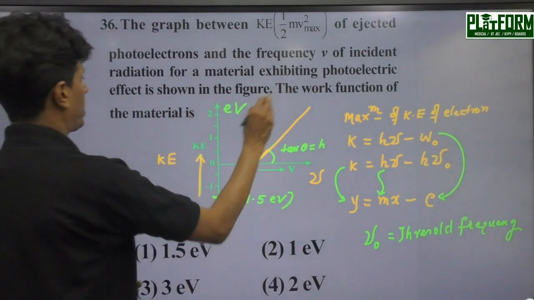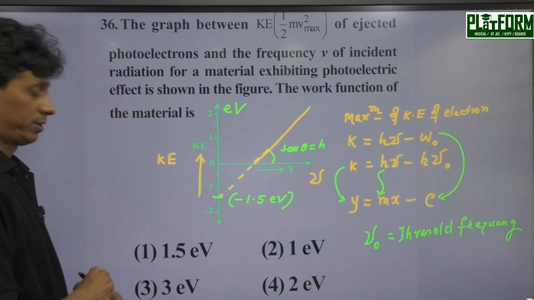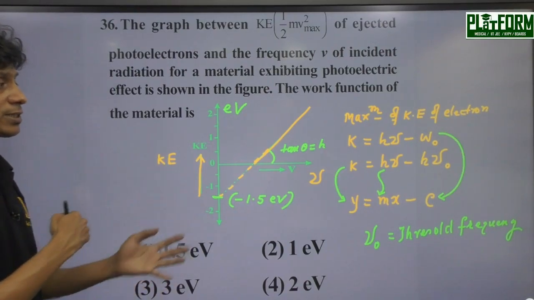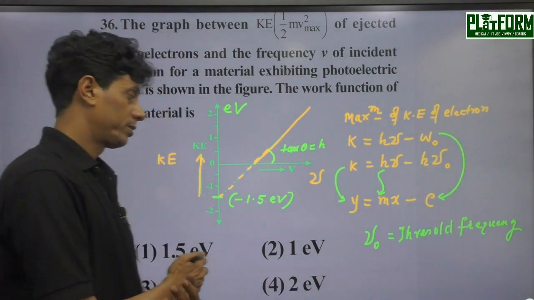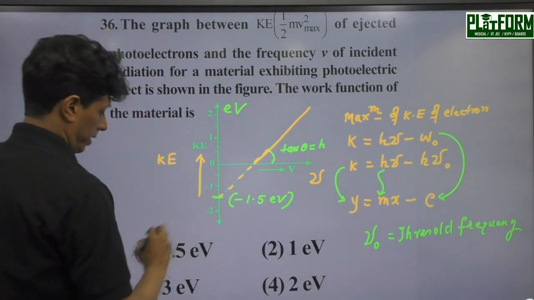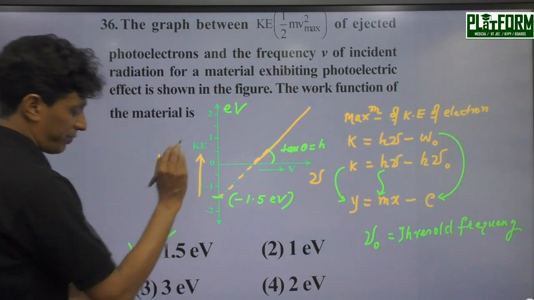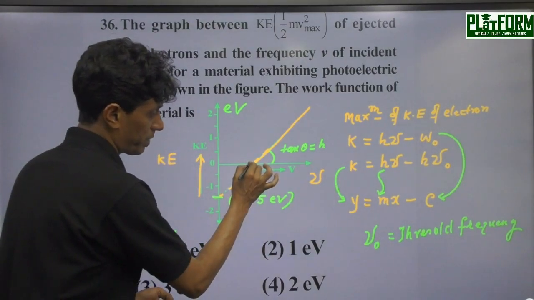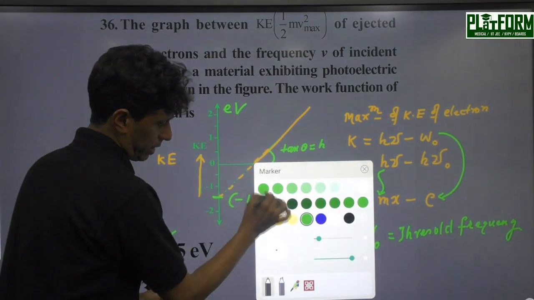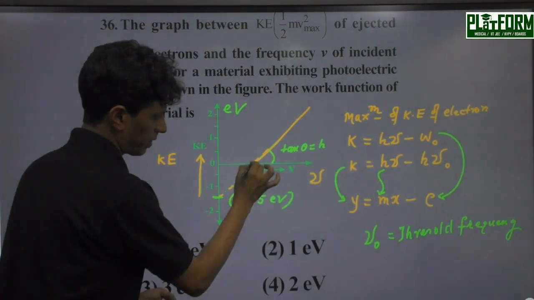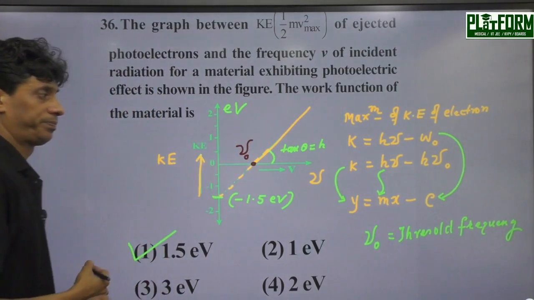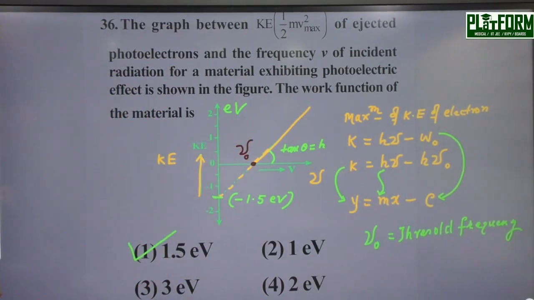So the work function of the material, directly by comparing with the standard equation of straight line, the answer is 1.5. And another point I must say here, this is actually the threshold frequency. So next problem.